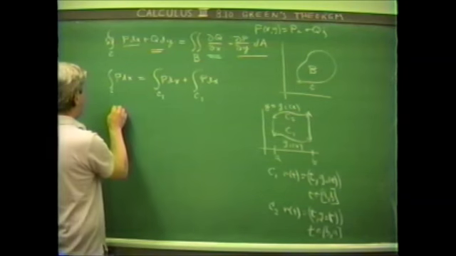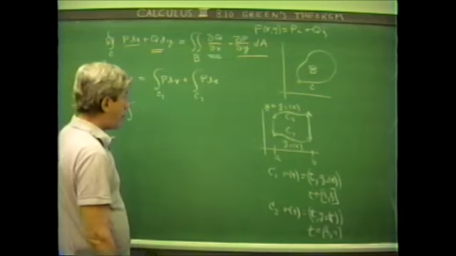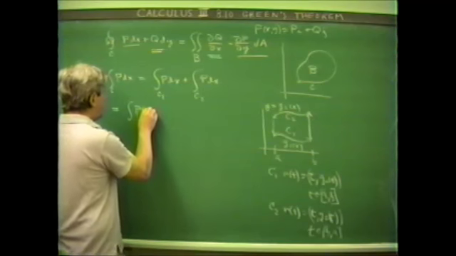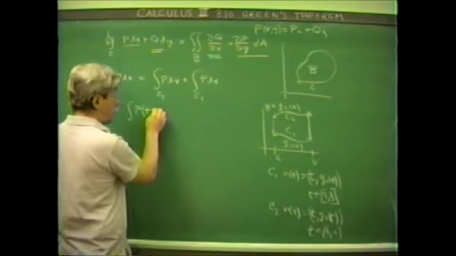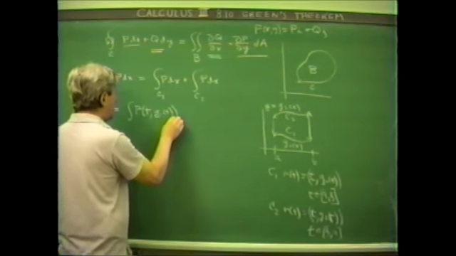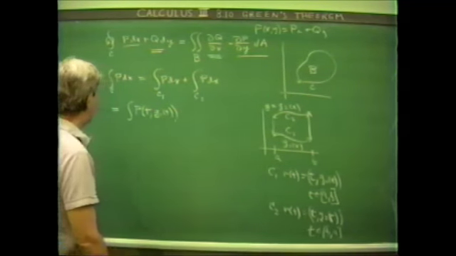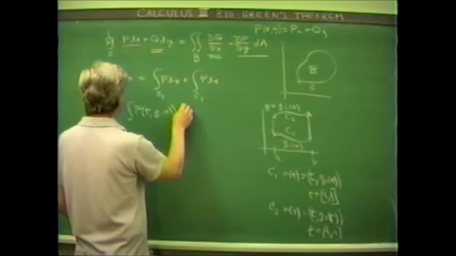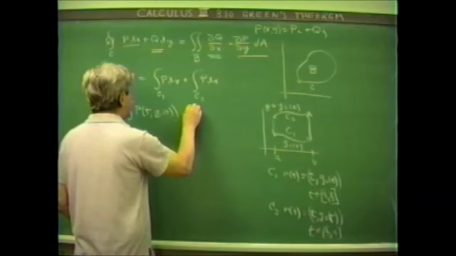So what this integral then is going to be, along these two curves, is the integral of p of t, g1 of t, dx/dt dt, which is the same thing as dt.